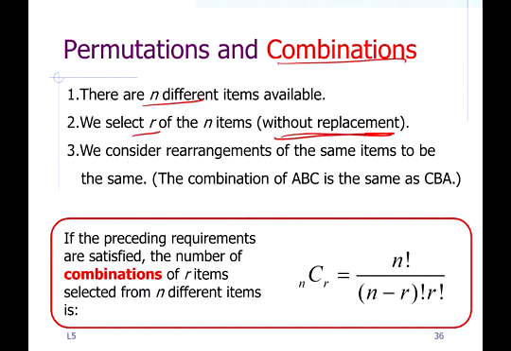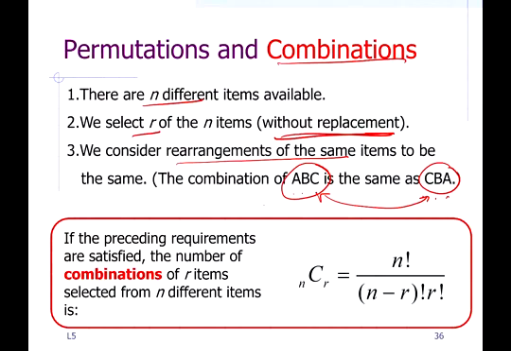The only difference is rearrangements are the same. So ABC and CBA, those are not 2 different arrangements. Those are the same. Each of those is the same group. So ABC and CBA is one possible group of 3.